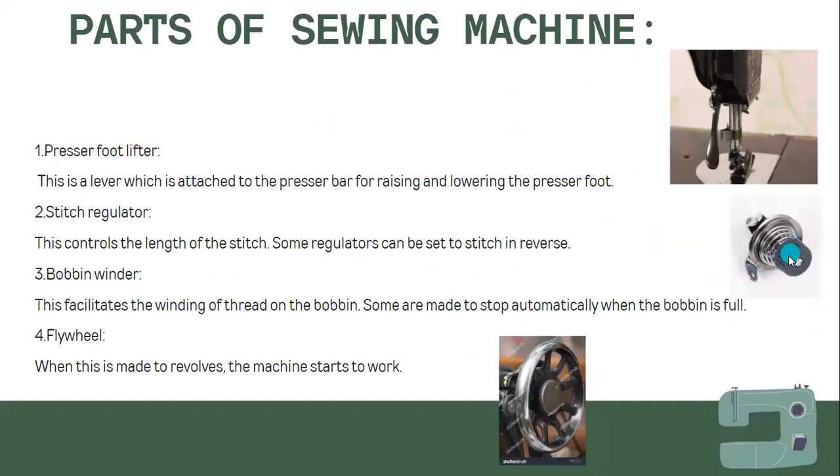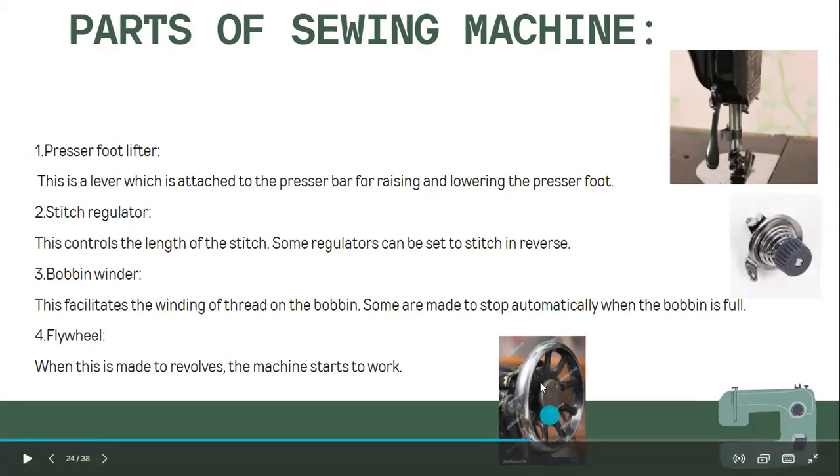You place the bobbin over here, and you place the thread also, and then it rotates and the bobbin will be wound. That is where you get the thread on the underside, or the bobbin case will be filled with the thread, using this bobbin winder. So this is what facilitates the winding of thread on the bobbin.